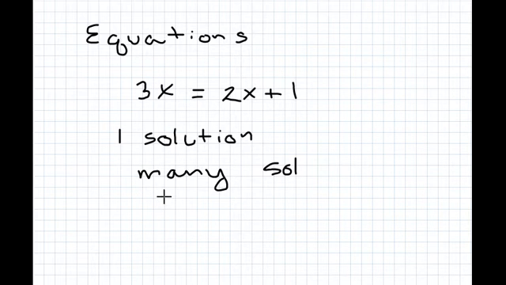An equation that is true for every real number in the domain of the variable is known as an identity. Here's an example.